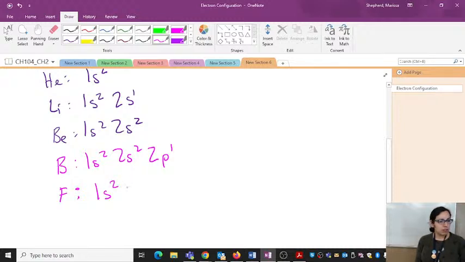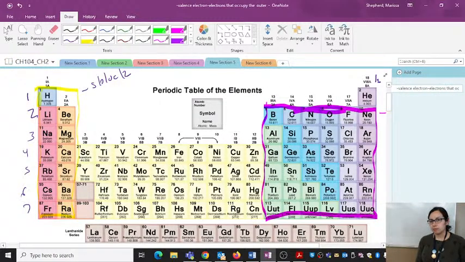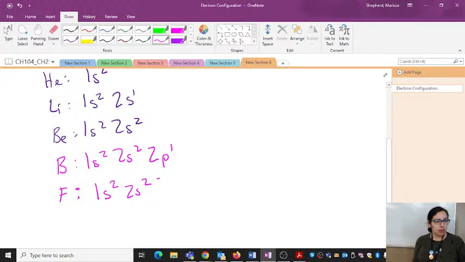I heard 1s2, 2s2, and then how many p electrons does it have? Use your periodic tables, you've got them in front of you. You have to count from the boron. Yeah, so 5: 1, 2, 3, 4, 5. So then 2p5.